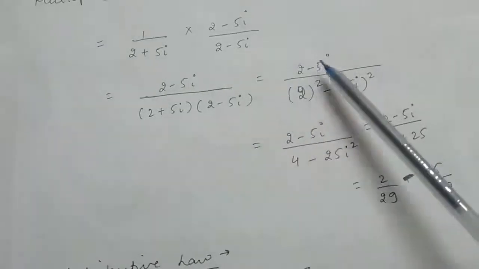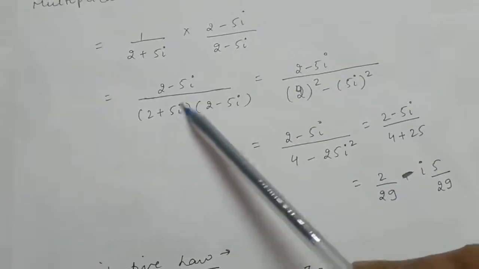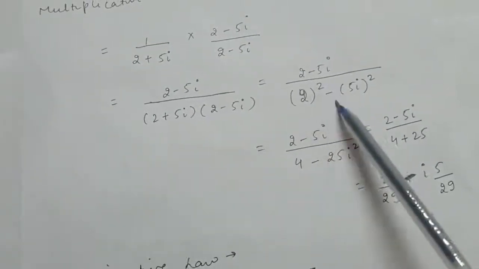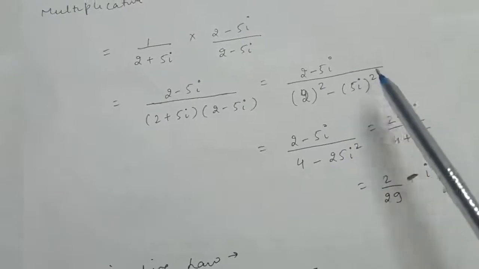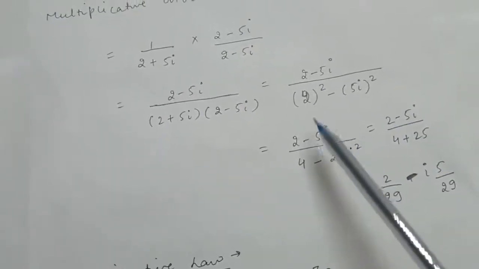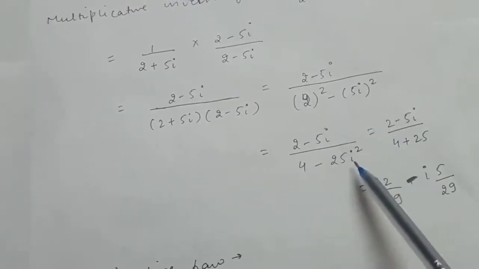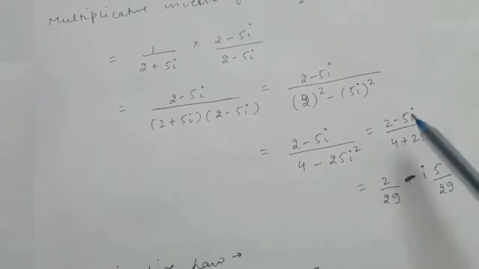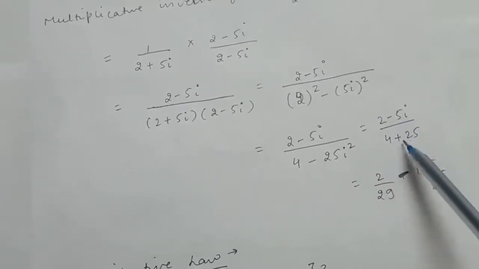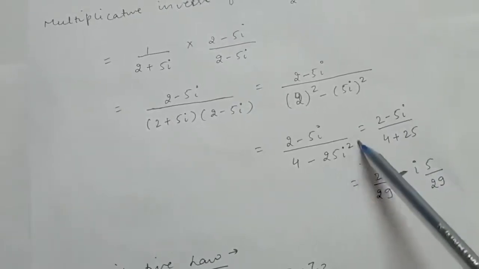Now equal to 2 minus 5 iota upon, this is a plus b, a minus b, which is a square minus b square, right? So 2 minus 5 iota upon 2 square will be 4 minus this square will be 25 into iota square. Now this is 2 minus 5 iota upon 4 plus 25. Why? Because this is 25 into iota square.